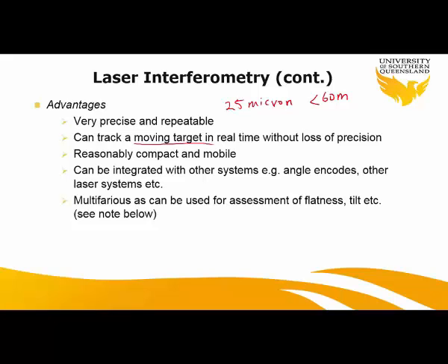It's a reasonably mobile system, not that heavy and bulky, so you can move it around. It's a portable system and can be integrated into other systems like angle encoders or laser systems to give you more precise measurement, but it can also be used for flatness and tilt. I'm going to show you how.